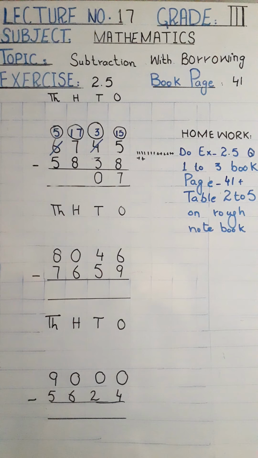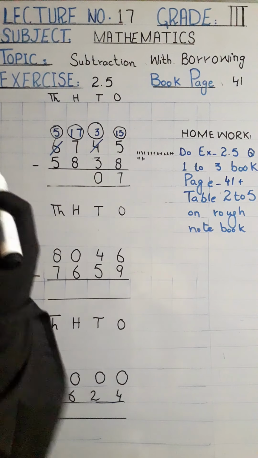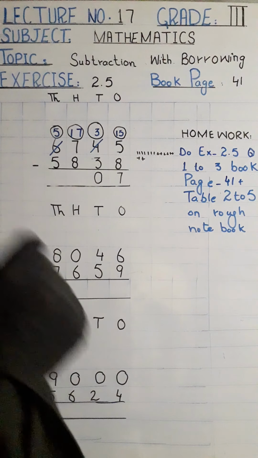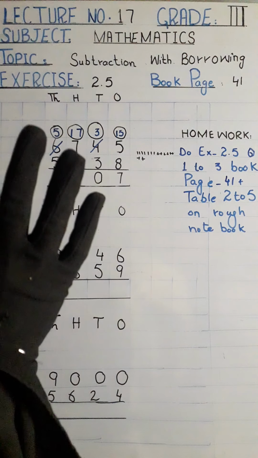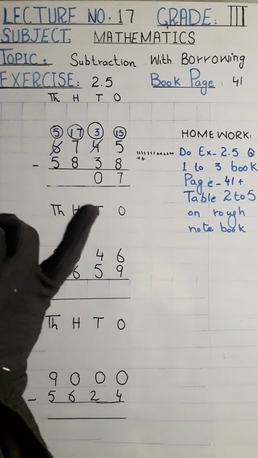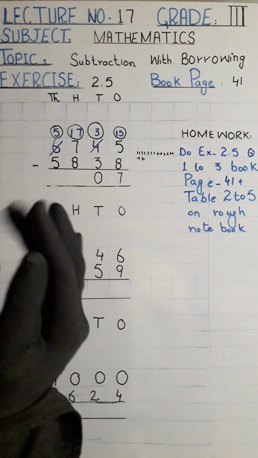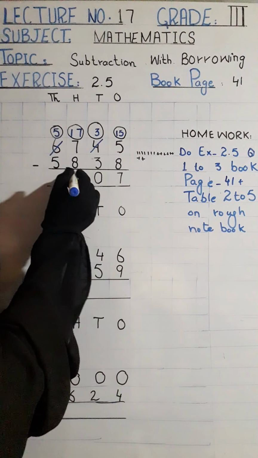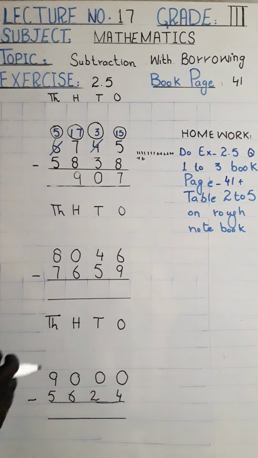Remove 8 from 17. After 8, count up to 17: 8, 9, 10, 11, 12, 13, 14, 15, 16, 17. How many? 5, 6, 7, 8, 9. So when we remove 8 from 17, the answer is 9.